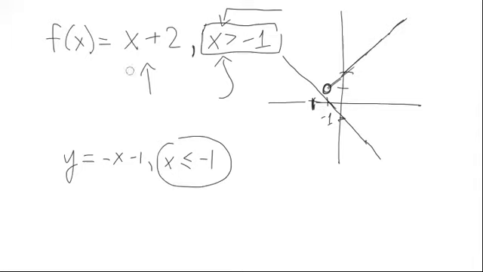We have to get rid of anything on this graph that's not less than or equal to -1. So we get rid of that, and we just draw this up to x equals -1. So we have this graph drawn here and this graph drawn here. We have this one for this one and this one for this one.